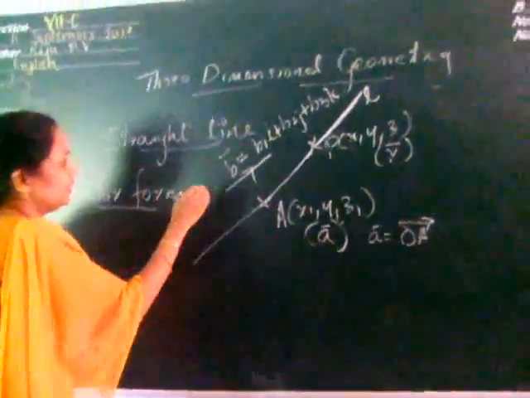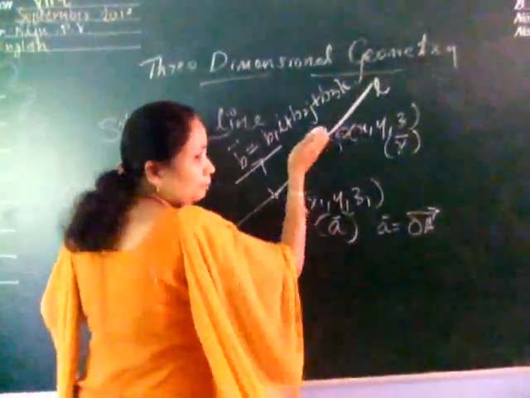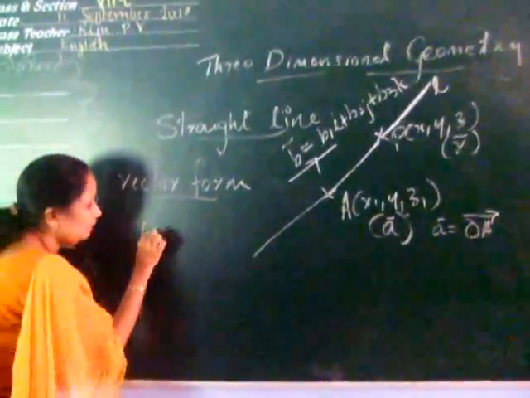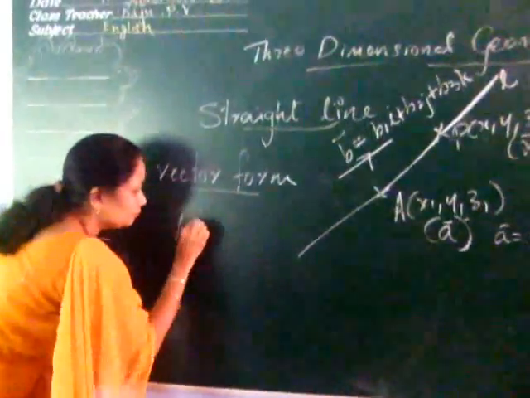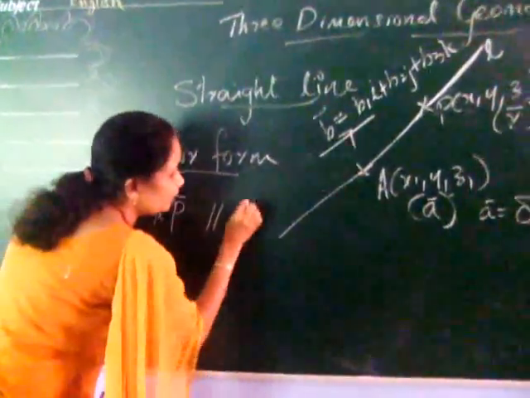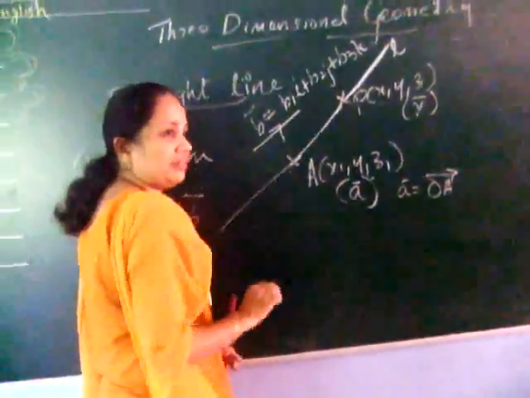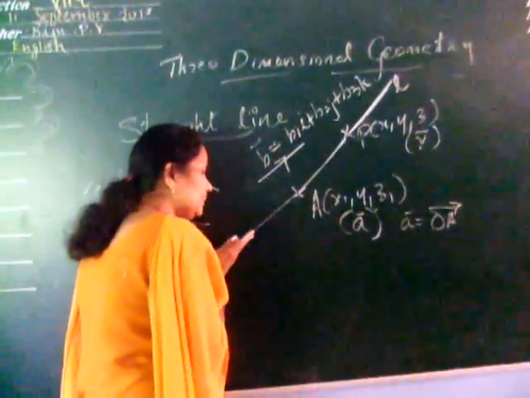Now here we can see that the vector AP is parallel to vector B. Vector AP is parallel according to the given condition. What is the given condition?